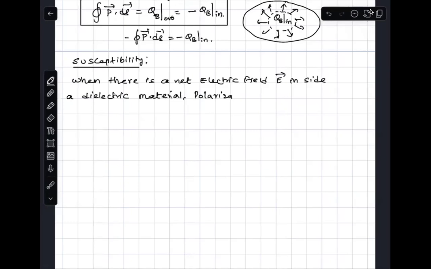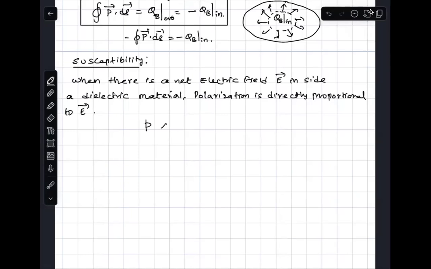Polarization is directly proportional to electric field.